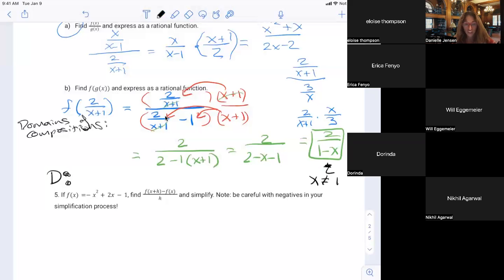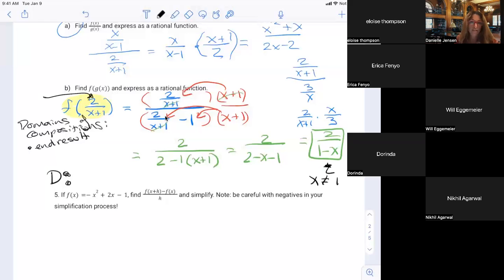But with compositions, not only does the end result matter, but what also matters in terms of the domain is, remember, it has to pass through that inner function first. So that's why I write the composition this way first, because at this stage I always tell myself if there's a domain restriction, I make a little note of it.